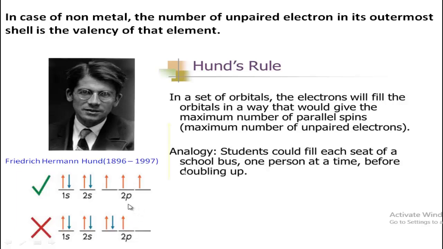Actually, 3 electrons enter px, py and pz first, then if there is p4, the 4th electron will enter px, not previously. So this is the correct electronic configuration, or the correct way of entering electrons in each sub-orbital, and this obeys Hund's rule.